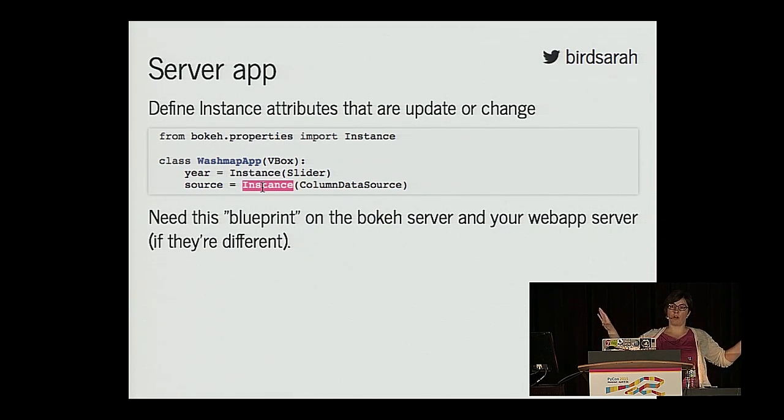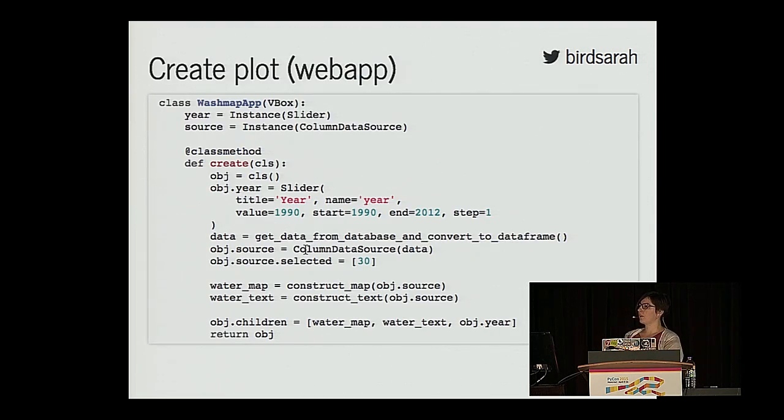But sometimes you might want to host them in different places, and if you do, you need to make sure that both the server and your original web app have some knowledge about how to put your Bokeh app together.